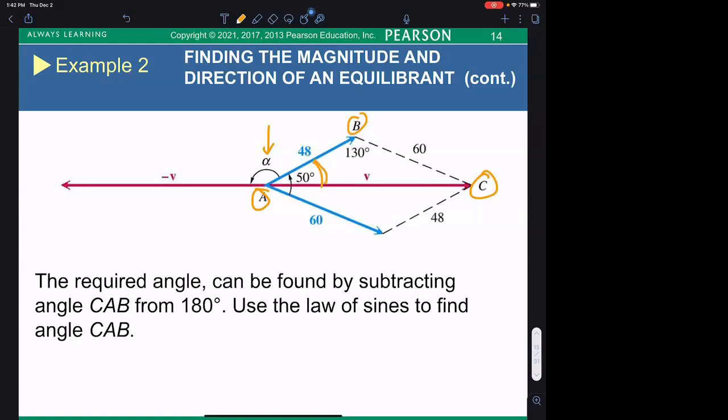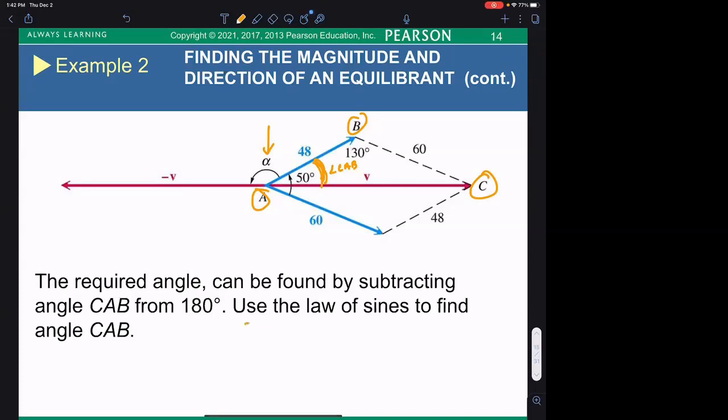It can be found by subtracting angle CAB from 180, because we know that V and negative V are opposite. So that means from V over to negative V is 180, and alpha is just missing the CAB angle. So if we can find CAB and subtract it from 180, then we can solve for angle alpha there.